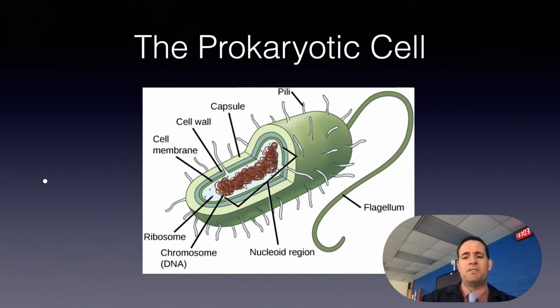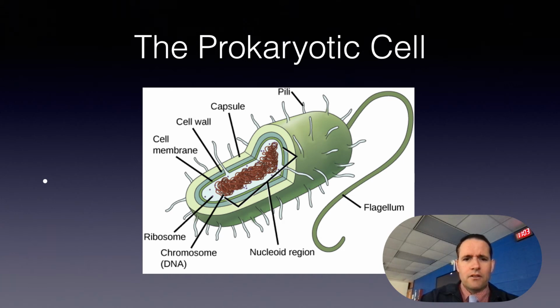Some bacterial species have a capsule outside the cell wall, that's in a lighter green, and the capsule enables the organism to attach to surfaces, protects it from dehydration and attack by phagocytic cells, and makes pathogens more resistant to our immune responses. Now, some species have flagella. The singular word for flagella is flagellum.